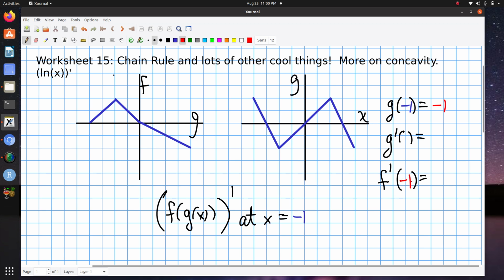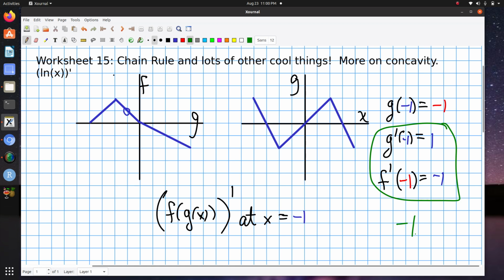We also need g prime at negative 1. g prime at negative 1 is 1. f prime at negative 1 is negative 1. So we should multiply these two derivatives together and get negative 1.